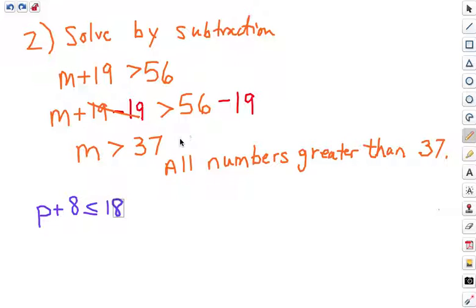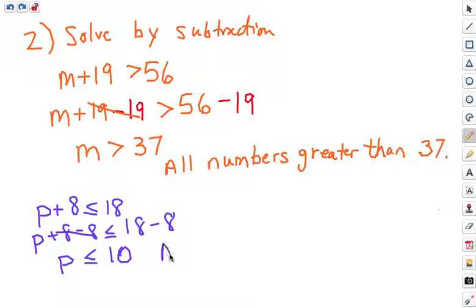Okay, so let's go ahead and work it out, see if you got this right. We're going to subtract 8 from both sides of the inequality. So we have p is less than or equal to 10.